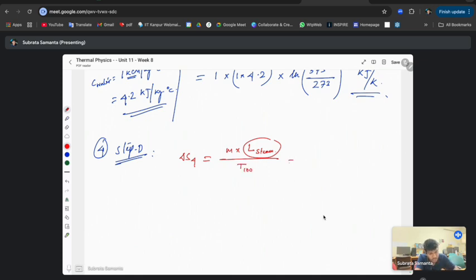So this is again 1 kg of ice converted to 1 kg of water converted to steam. The latent heat of steam is given in the problem: 22.68 times 10 to the power 2. I converted to kilojoule, so the unit is kilojoule per Kelvin, over 373 Kelvin.